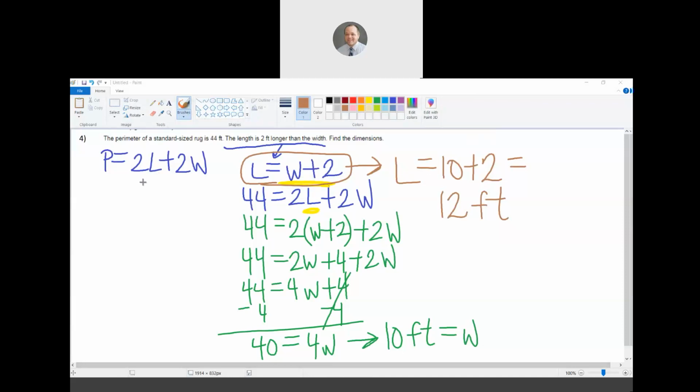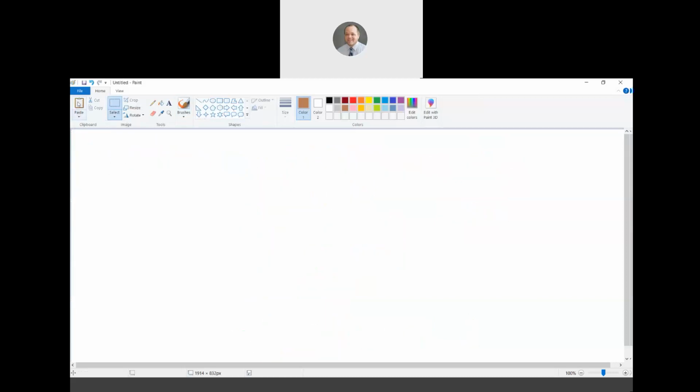Our next question is also a geometry problem involving angles. Find the measures of the angles marked X and Y. Remember that the sum of the measures of the angles of a triangle is 180 degrees.